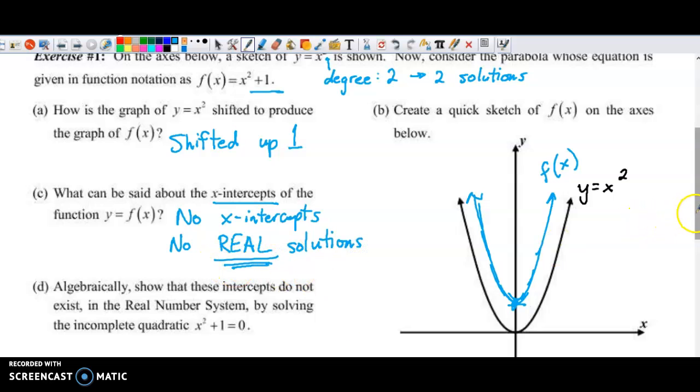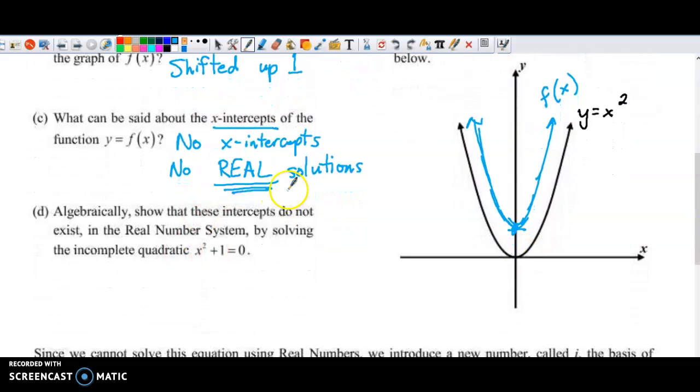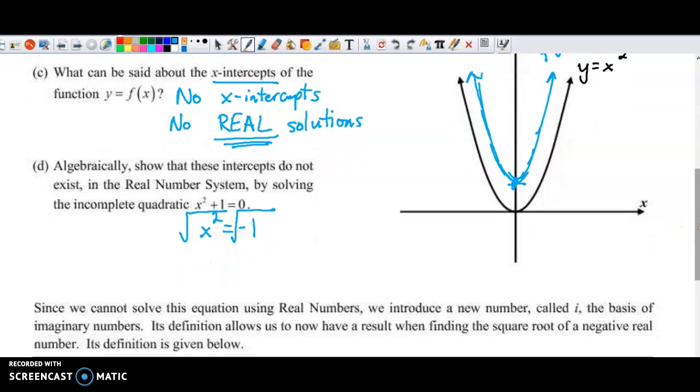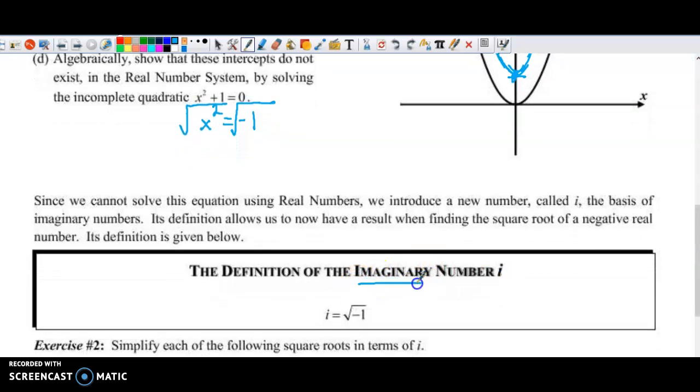But imagine for a second, hence our phrase imaginary, if we were to try to solve this, what we would do is subtract 1 from the right side, and 0 minus 1 is negative 1. And the thought process is, well, what if we try to square root a negative? Well, let's create a new number system, hence the imaginary number system, in which case we can square root a negative number.